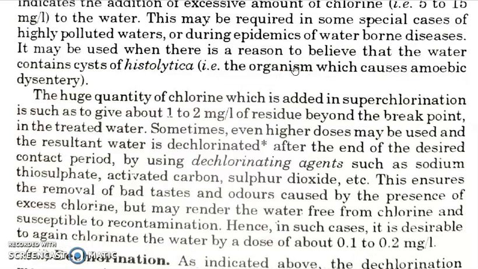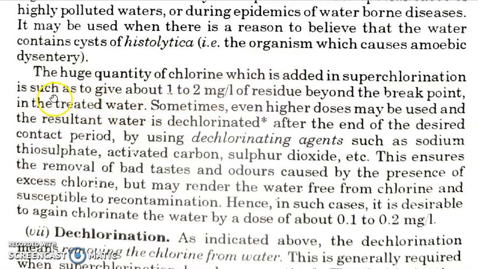Now this excess amount of chlorine which you are adding in super chlorination will be such that 1 to 2 mg per liter of residual chlorine beyond the break point is left in the water, which is not permitted, right? 1 to 2 mg per liter of residual chlorine will generally give a very strong medicine-like smell in the water, and people will not like to drink that water, and that much residue in the water is also not good for health.